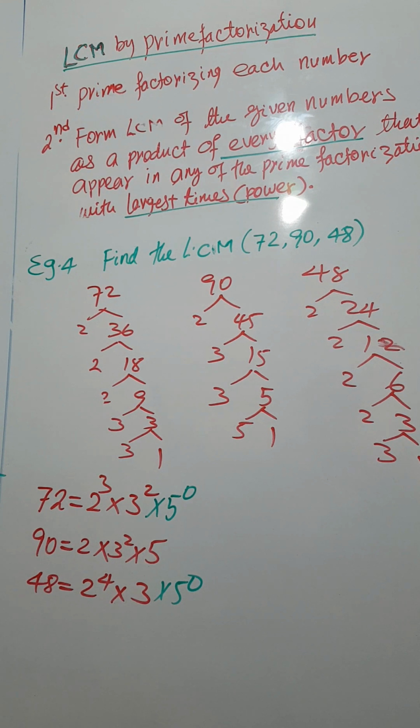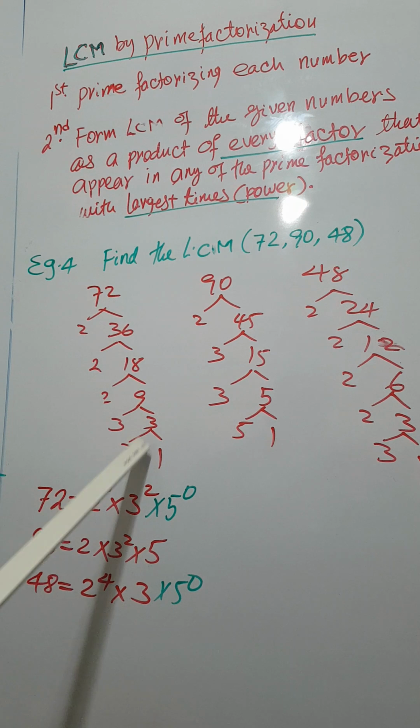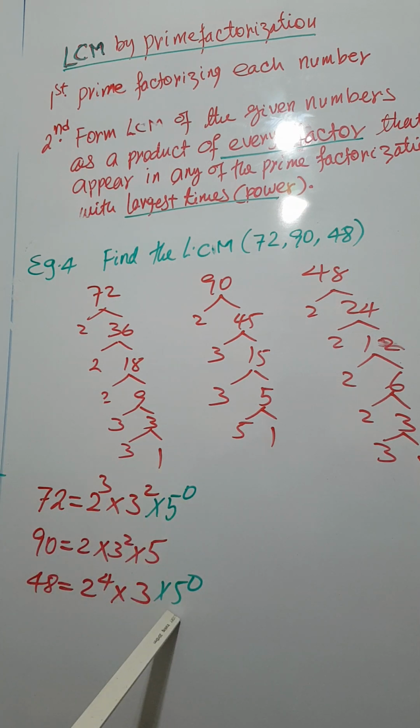Now 5 has appeared as 5 to the power of 0 in 72 and 48, because any number to the power of 0 is 1, and multiplying any number by 1 gives the number itself. So 2 appears, 3 appears, and 5 appears.